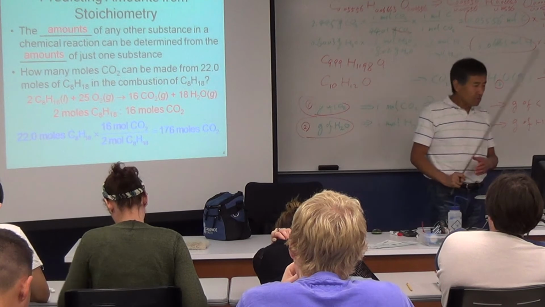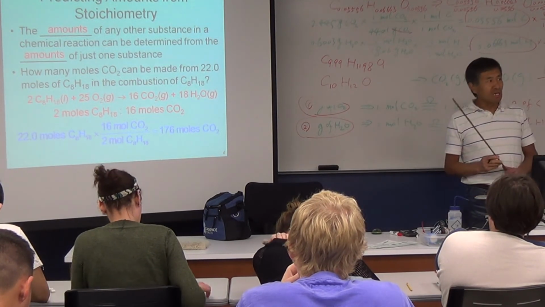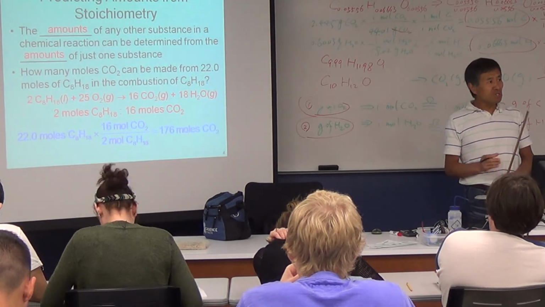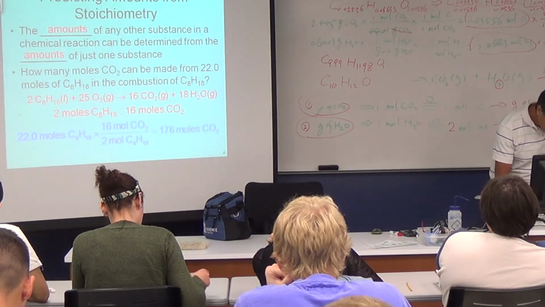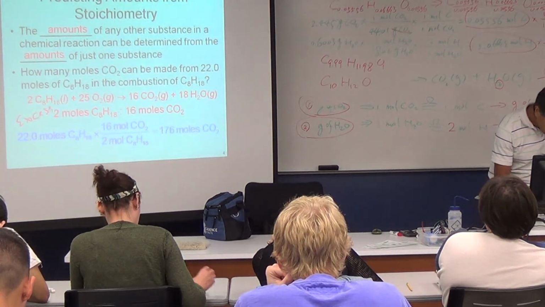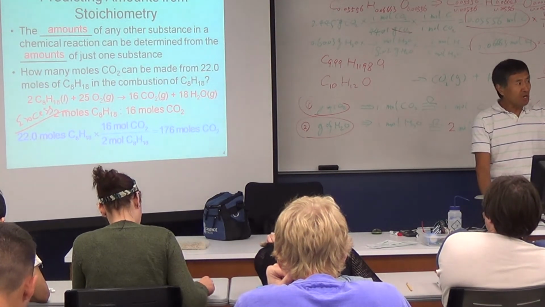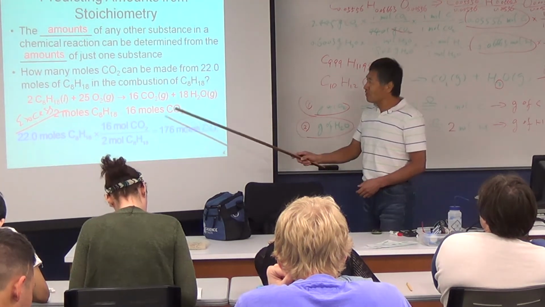So if I tell you only one piece of information for one reactant, and you want to find out how much you can produce, it's relatively easy, because you're assuming the other one is in excess and has no limitation on your calculation.